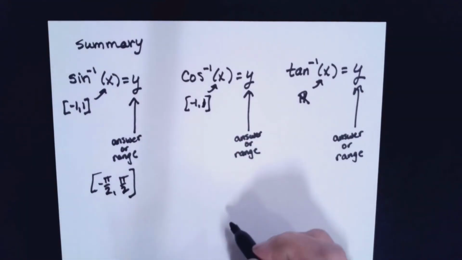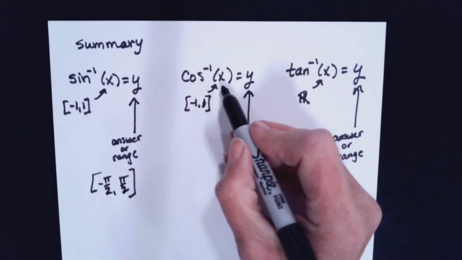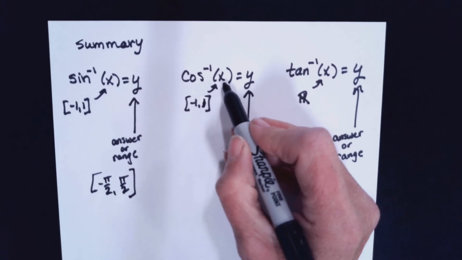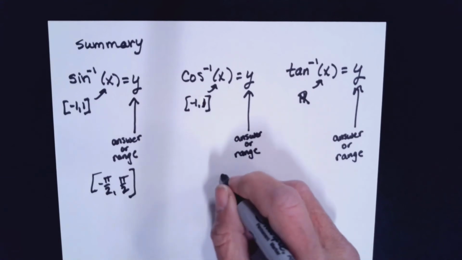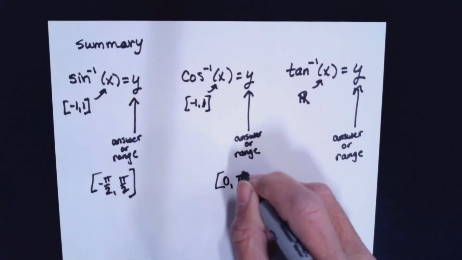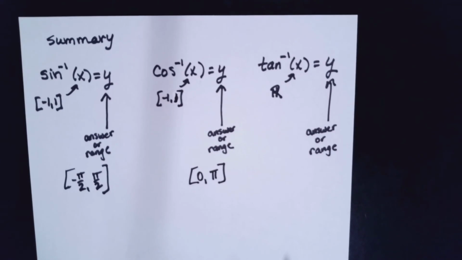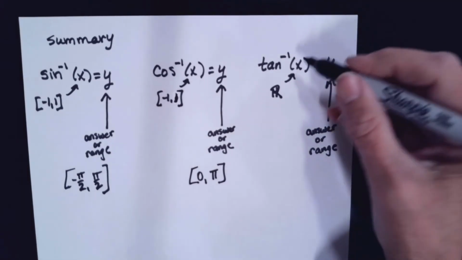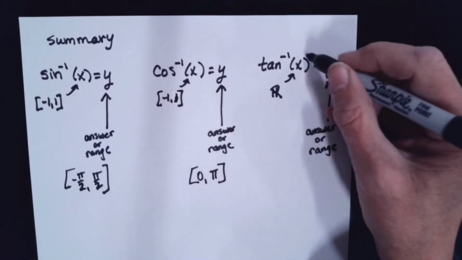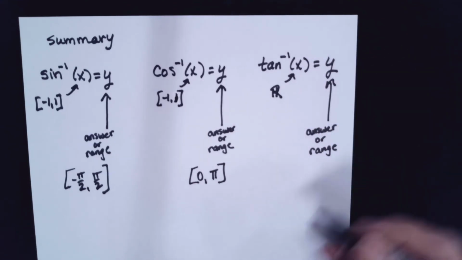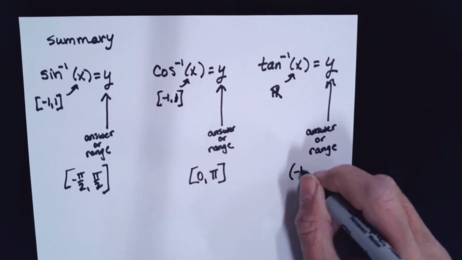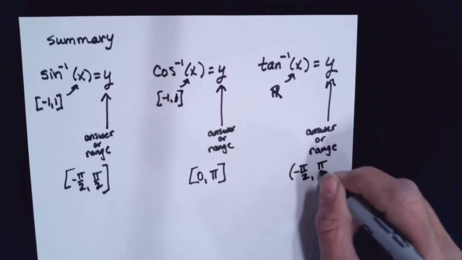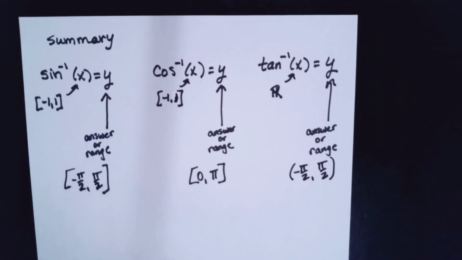And the inverse cosine, once again, the domain is going to be from -1 to 1. And then the range, or our answers, have to be from 0 to pi. For tangent, the domain, the numbers that you can plug in here, are all real numbers. And the answers, or our range, have to be from negative pi over 2 to pi over 2. And I'm going to use parentheses there because we can't include those.